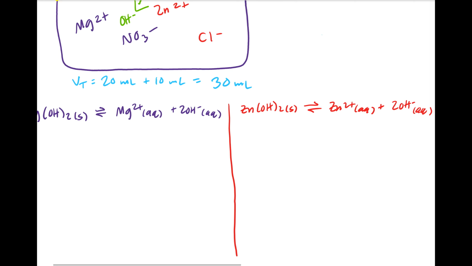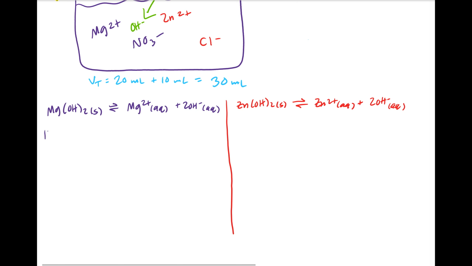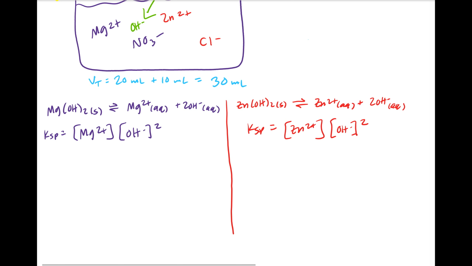Let's start by writing our KSP expressions. We want to solve for the hydroxide ion concentration in each one of these scenarios.